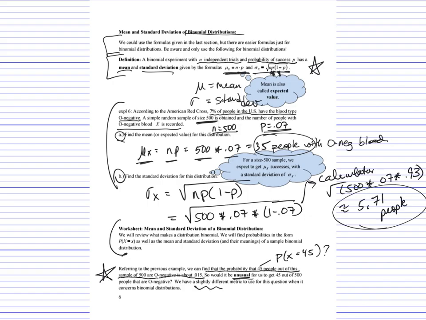Well, there is a slightly different metric to use if they ask you if an event is unusual as it pertains to a binomial distribution. So let's go to the next page for that.